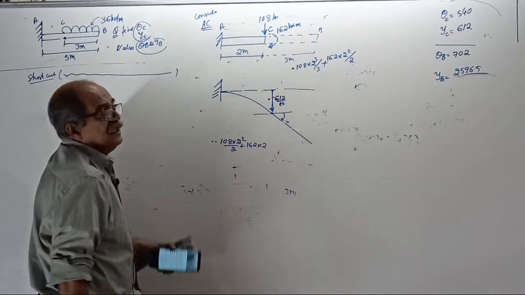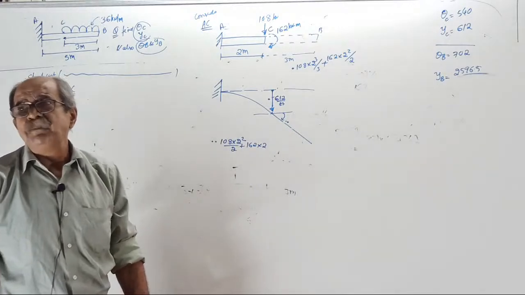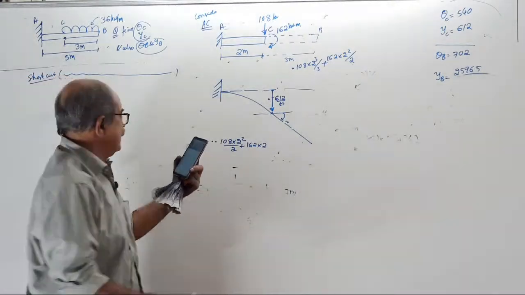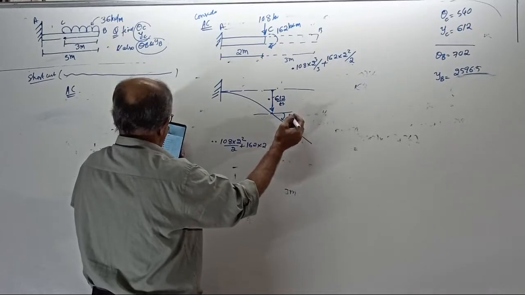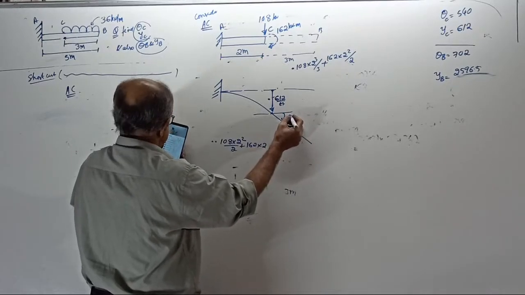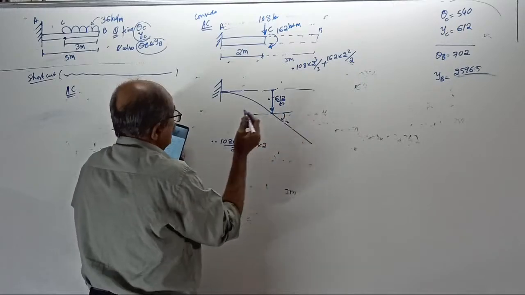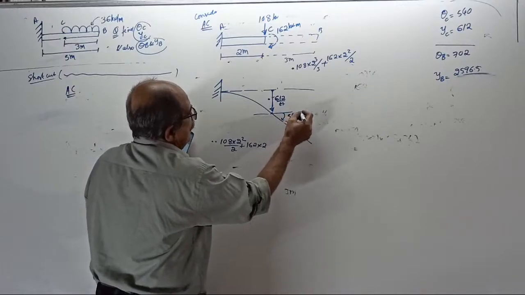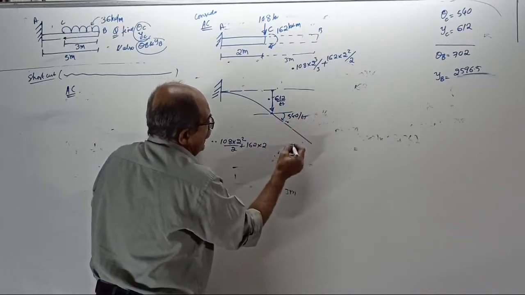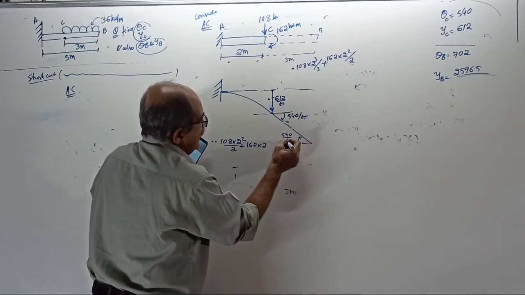The formula is WL square by 2 EI for point load, ML by EI for couple. It will become 540 by EI. If that is 540 by EI, this also is 540 by EI only.